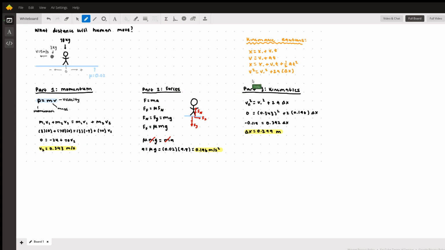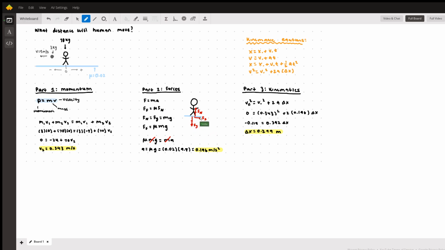But anyways, next we have to find the acceleration. When we're thinking about acceleration, my brain goes to forces because forces cause acceleration. We all know F net equals mass times acceleration. If you see in this diagram here, the net force is friction.